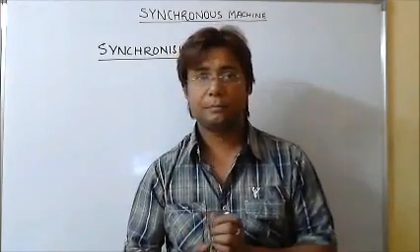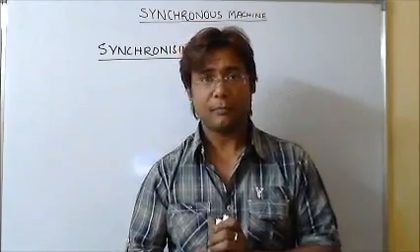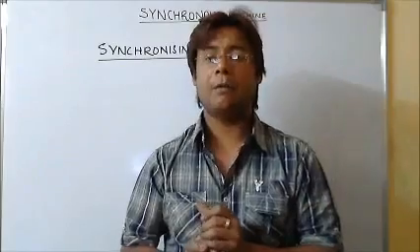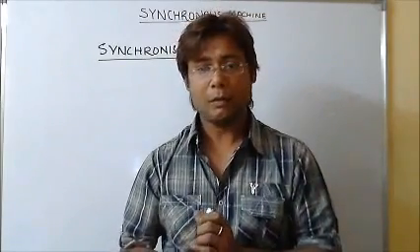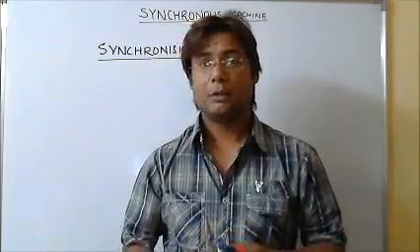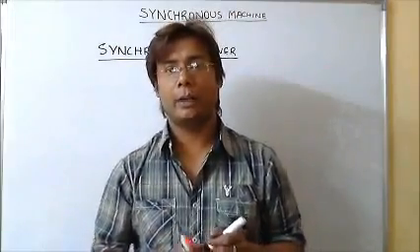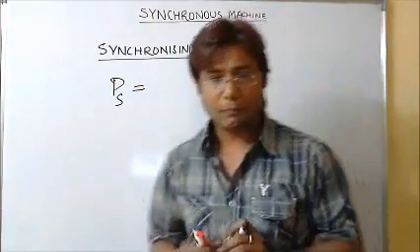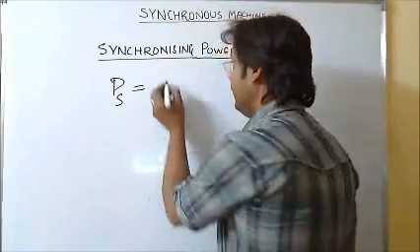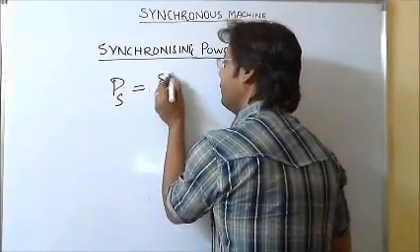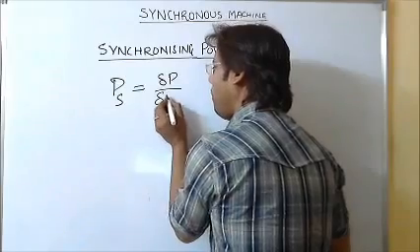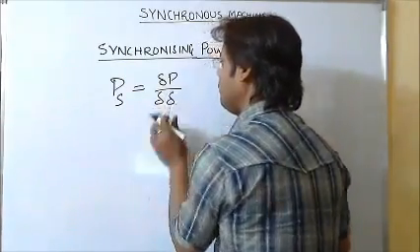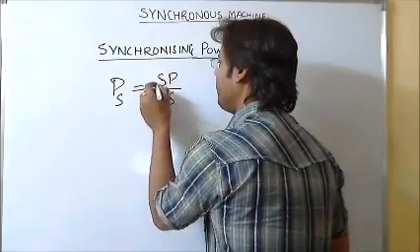So we have a thing called the synchronizing power. It is the power defined per electrical radian of rotor displacement. We can write the formula for the synchronizing power as Ps equals ∂P upon ∂δ, sorry, this is a partial derivative.